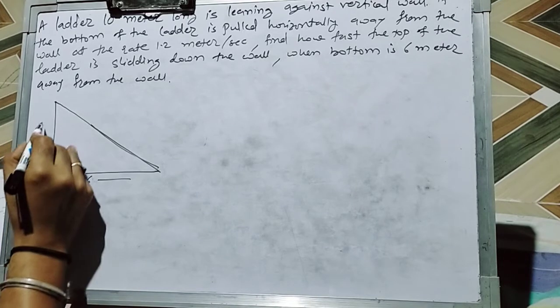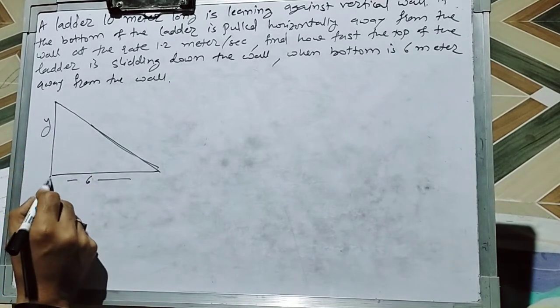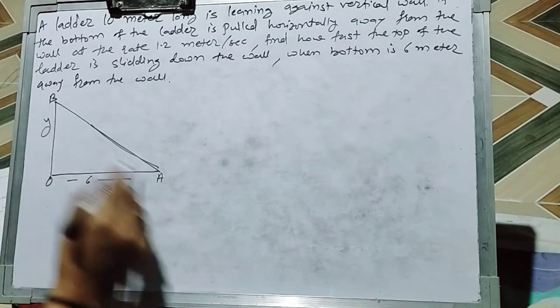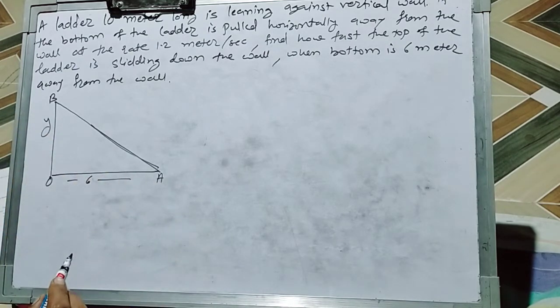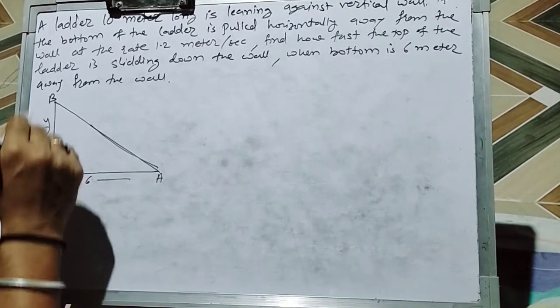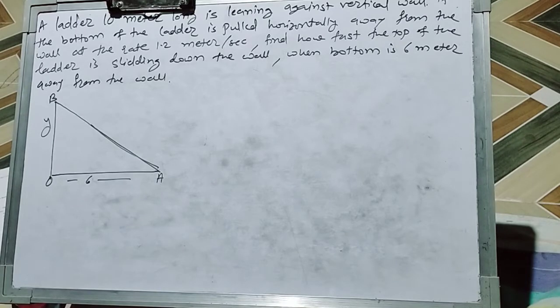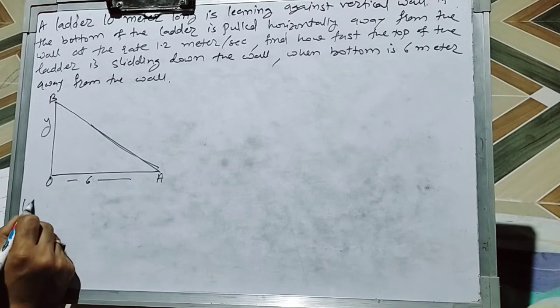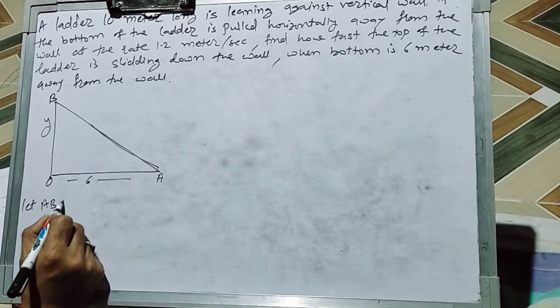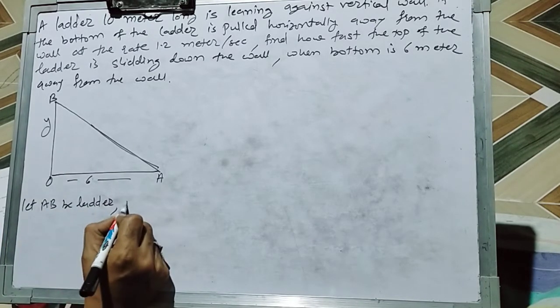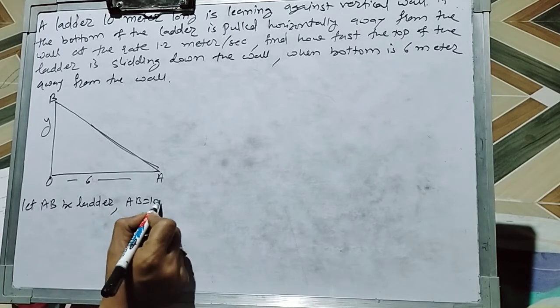So consider this as y. OB is the wall, AB is the ladder, A is the bottom of the ladder. So here let AB be the ladder, AB is equal to 10 meter.